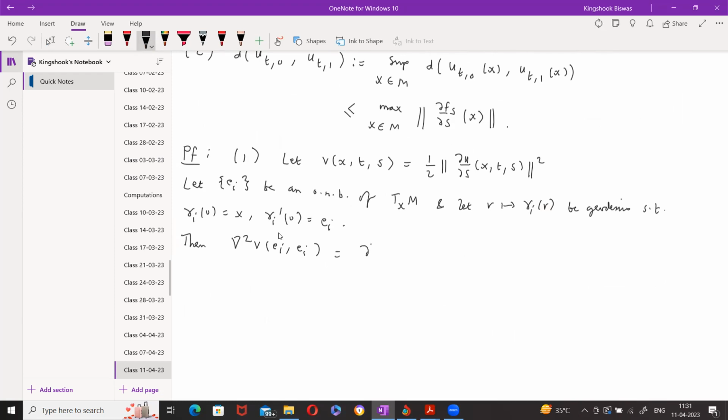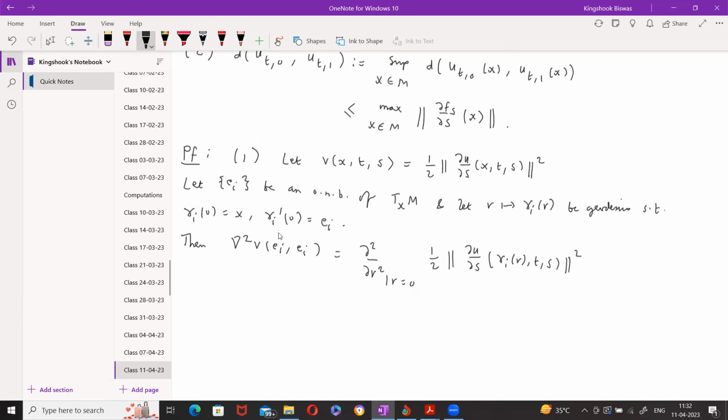So this is del squared del r squared at r equal to 0 of v of gamma_i(r), that is, half the norm squared of del u del s at gamma_i(r), t, s.